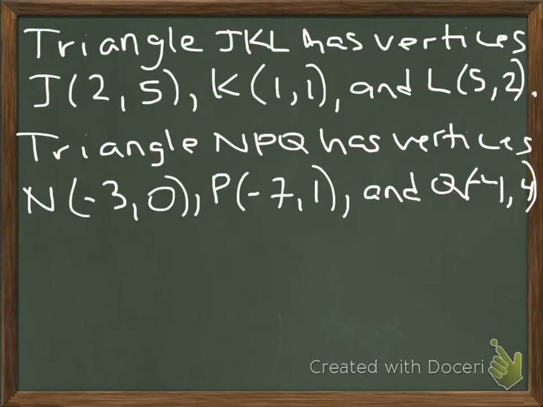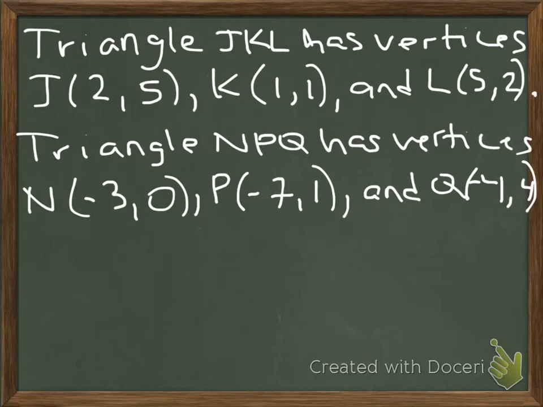So if we go back to the beginning here, the triangle JKL has points 2, 5, 1, 1, and 5, 2. We're going to basically just go around the triangle and find the distance of everything. Let's start with JK.